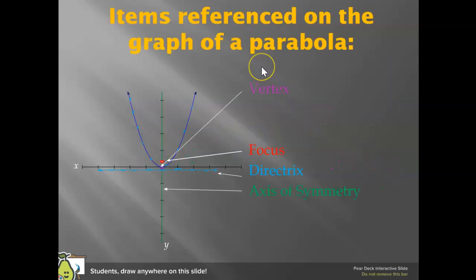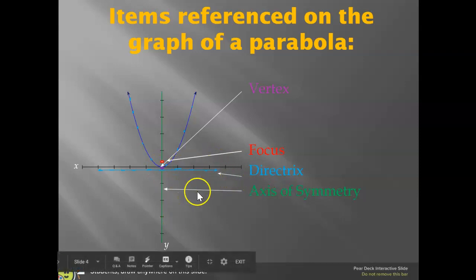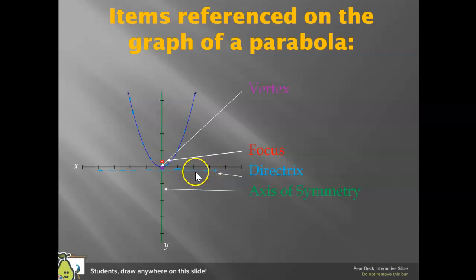So, items referenced on the graph of a parabola. All right, these are things that some we are familiar with. The vertex. You guys know what the vertex of a parabola is. We've used that before. It's where it turns, where it stops being decreasing and it becomes increasing. So that's the vertex. The directrix is new. And I do want to point out this should be a dashed line.